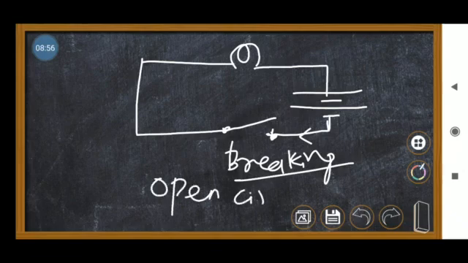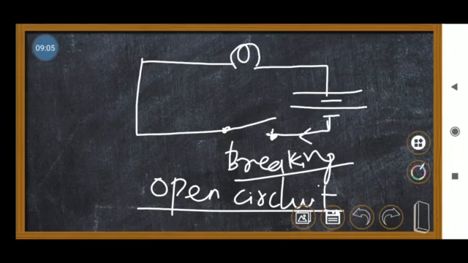In an open circuit, the current is not flowing continuously from the source, that is, from the battery, through that circuit, okay. Circuit is nothing but the path the current follows. Next one, closed circuit. What is a closed circuit?